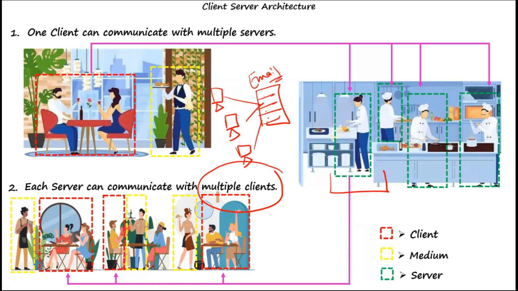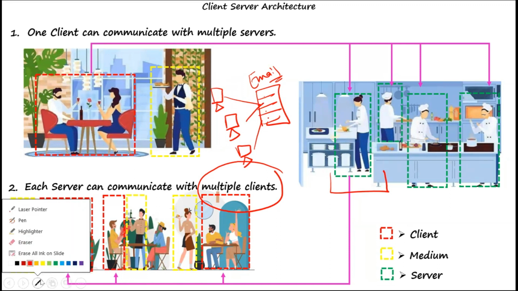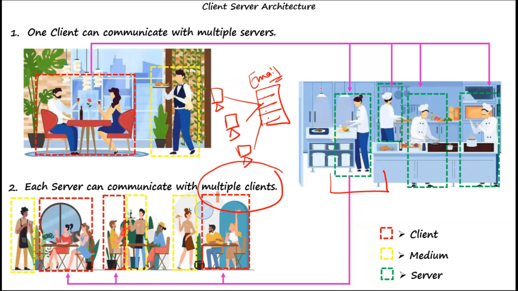So what's happening over here is, if you consider the Gmail server, billions of users, millions of users are using their server at once. So many computers are connecting to their server just to get access and check their emails at the same time. So that is what we call each server can be accessed through multiple clients.